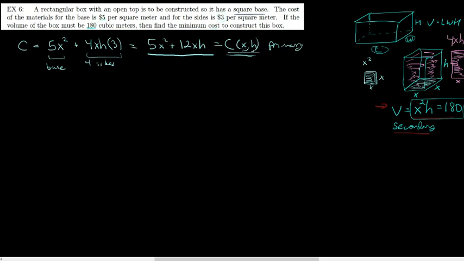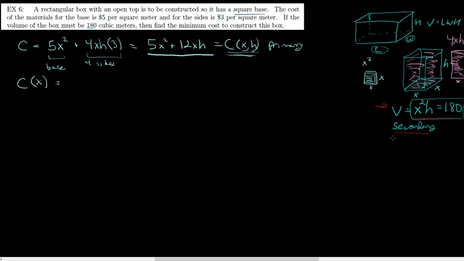So if you want to solve this as a function of h, you would solve this for x. But I kind of prefer, just because we're so accustomed to having functions of x, to have this as a function of x. So why don't we solve this equation for h?